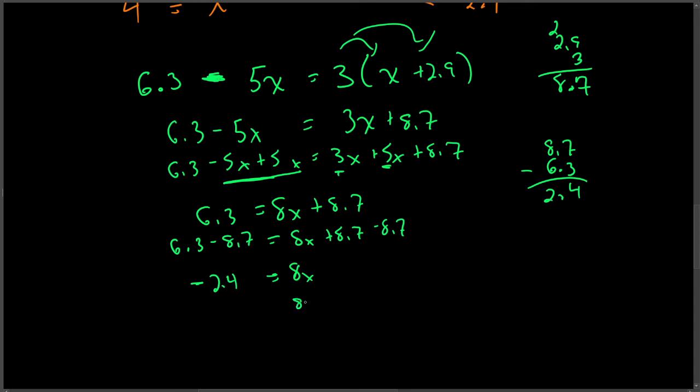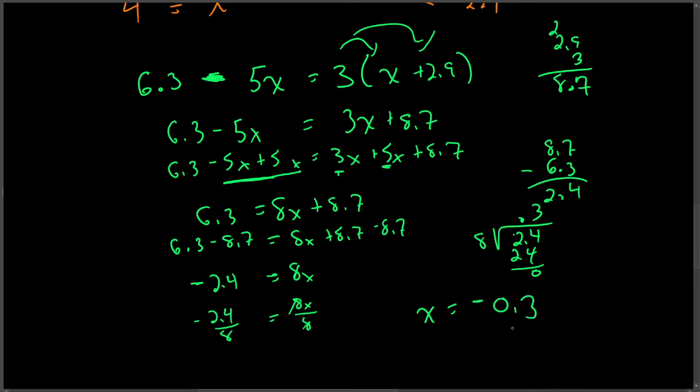And now I need to divide both sides by 8. So 2.4 divided by 8. Well, 8 goes into that 3 times. With no remainder. So I've canceled that. And I have x is equal to negative 0.3. And if you go through, you will see that it checks.